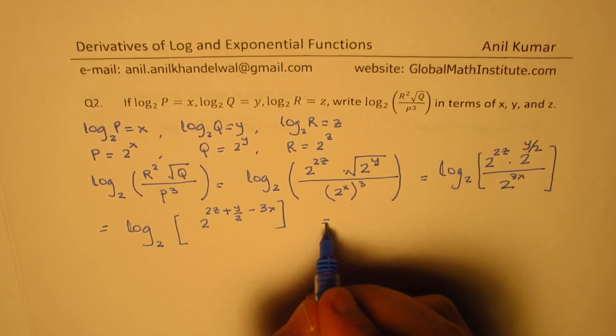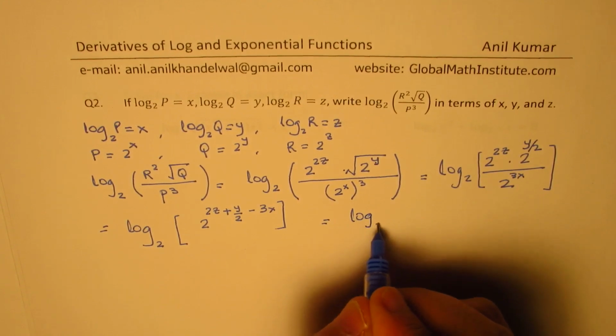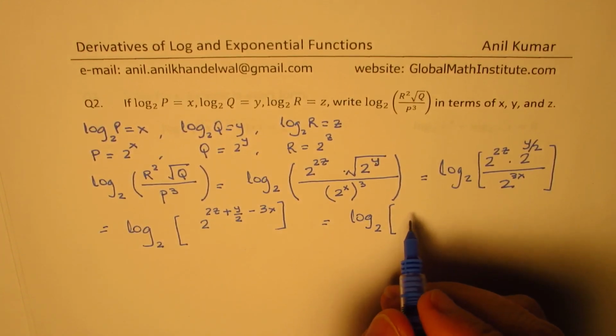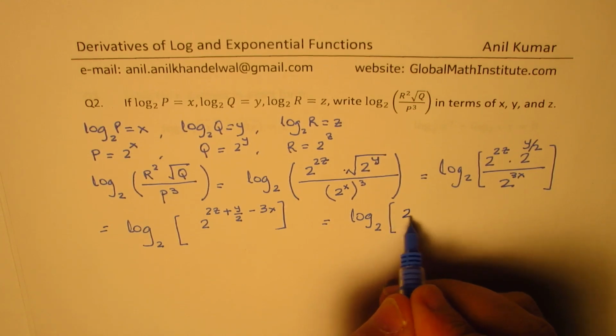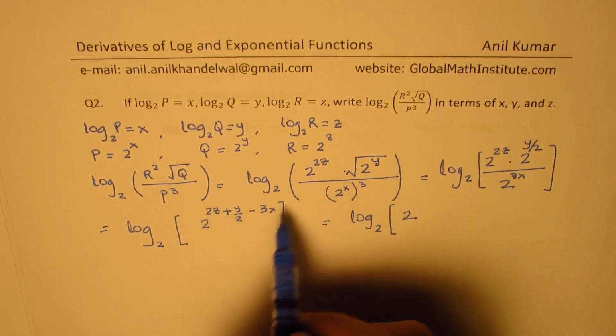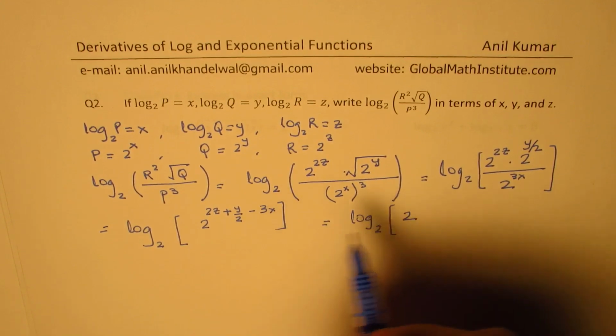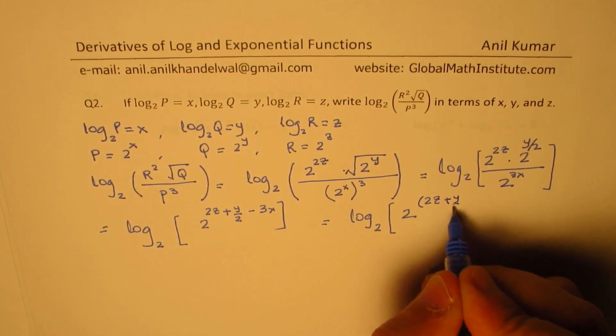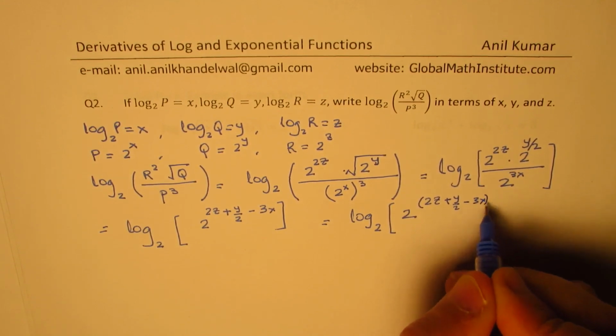Which is equal to log to the base 2 of 2 to the power of all this, right? So I'm rewriting, that was not required really: 2z plus y by 2 minus 3x.